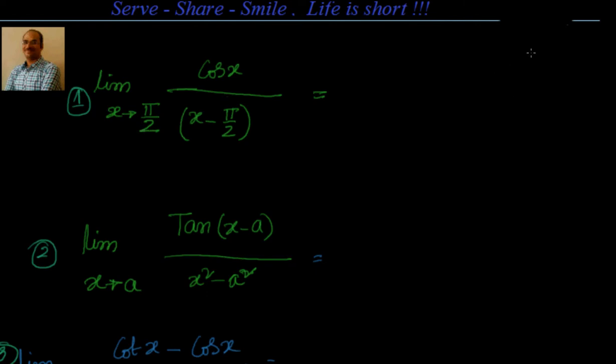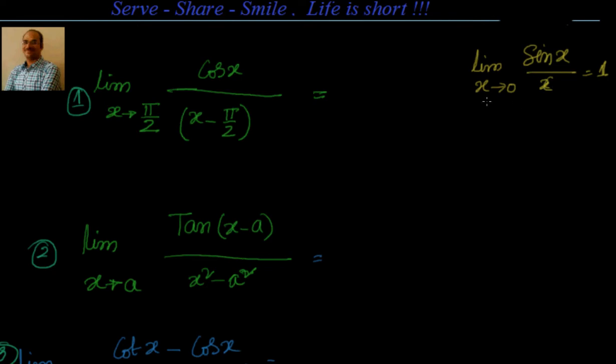If you remember all our formulas, sin of x by x, if I say limit of that as x tends to 0, equals 1. So obviously I have to convert this into another variable, and that variable should tend to 0, then this will be okay.